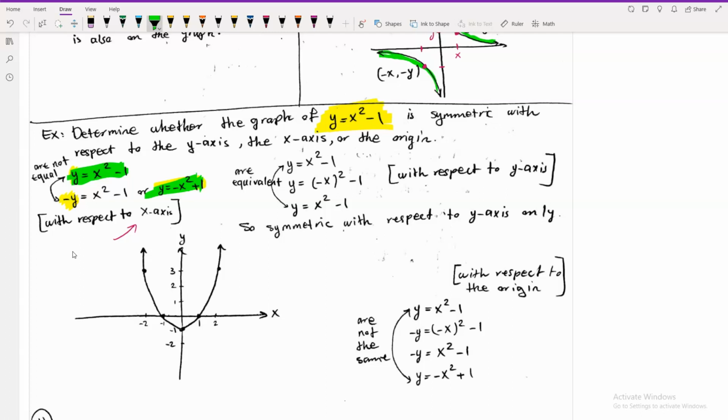Now, working on the y-axis. Here again, this is what was given. Now we have to substitute negative x for x. Because of having this power, we're going to have negative x squared, and that is x squared.